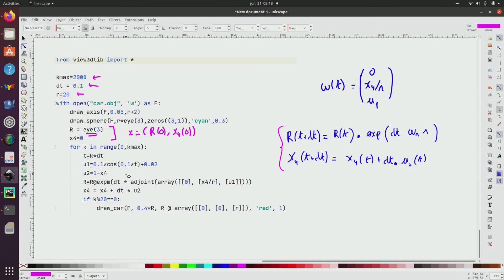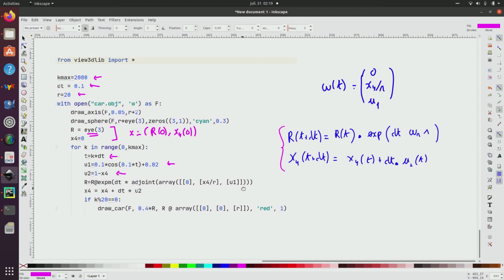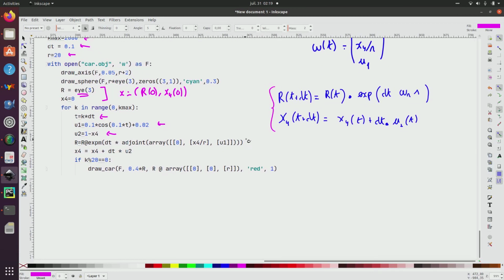I have my loop. I compute my time t. I compute my inputs u1, u2, as was the case for the plane. Now, for the integration, I will use this formula. So it can be interpreted as an Euler formula for integration, except here, where I use multiplication and not addition.